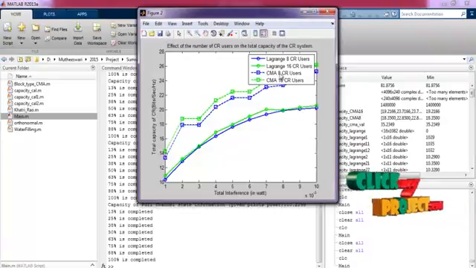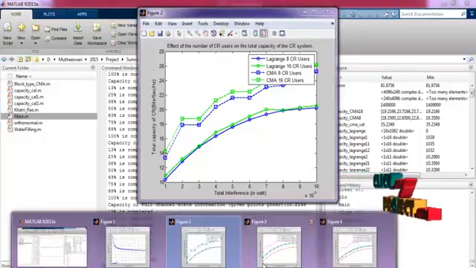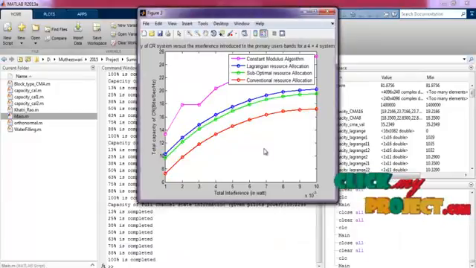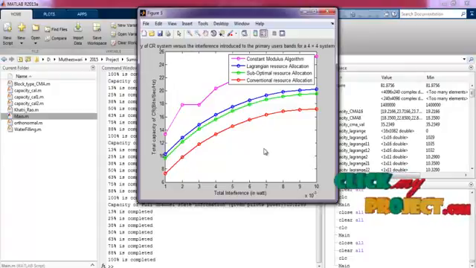Here the Lagrange algorithm and also the CMA algorithm are used for our 8 cognitive radio users and 16 cognitive radio users. And this is the total capacity of cognitive radio users for the constant modulus algorithm, Lagrange resource algorithm, and suboptimal resource algorithm.